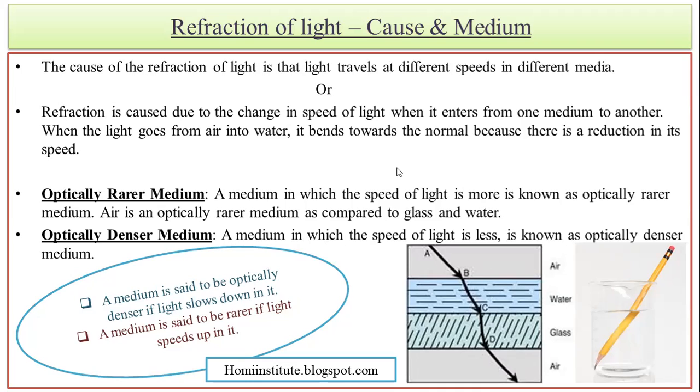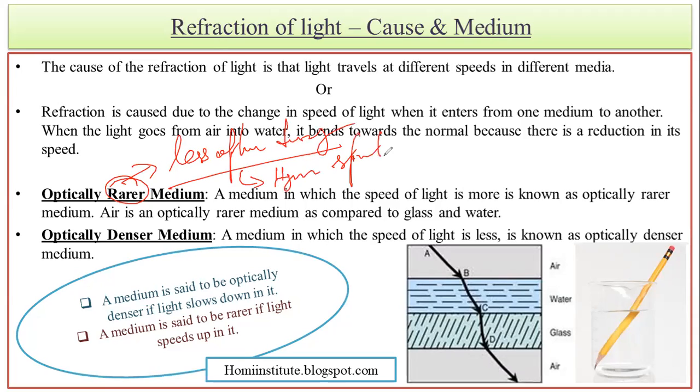In a very simple way, for now, you can say that those kinds of medium or pathway which have less optical density, remember, less optical density means high speed. It has high speed of light.